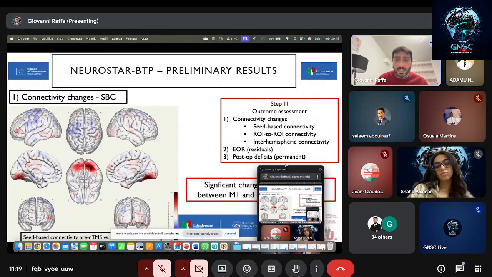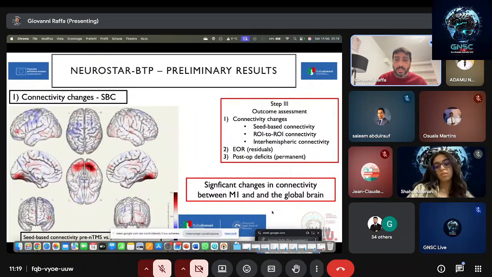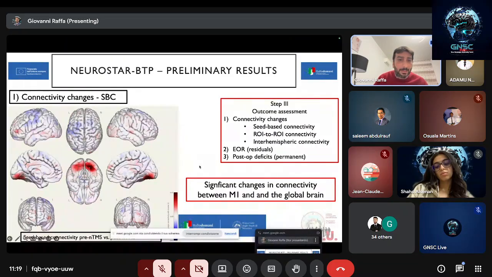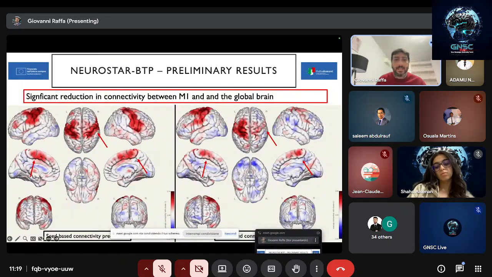We observed a significant change in connectivity between the motor cortex and the global brain. I say again, here you can see on the left the pre-stimulation connectivity, and on the right, the post NTMS. You can see the motor network here on the right.